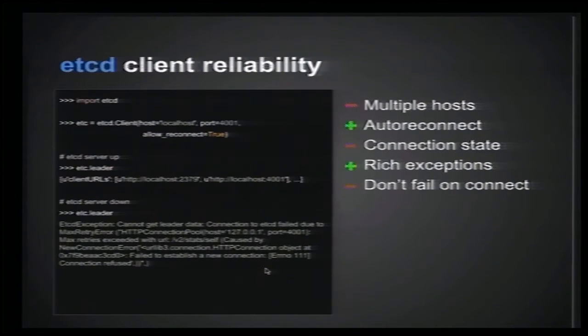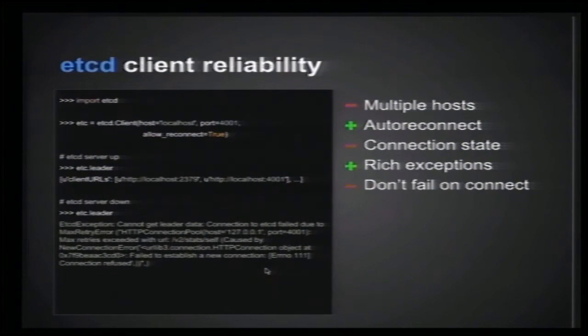On the etcd side, Python-etcd, you don't have the possibility to connect to multiple hosts, but you have auto-reconnection gracefully, so it's pretty good. You can't really get the connection state. The exceptions are pretty rich, so you can see what's happening pretty easily and catch the right exceptions for the different kinds of errors that you can run into.